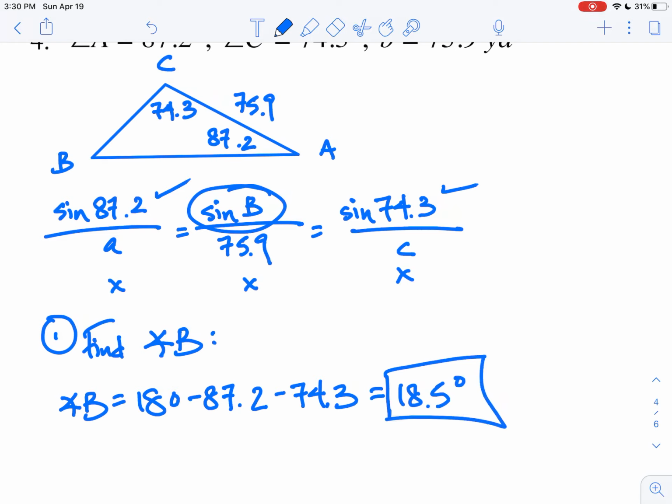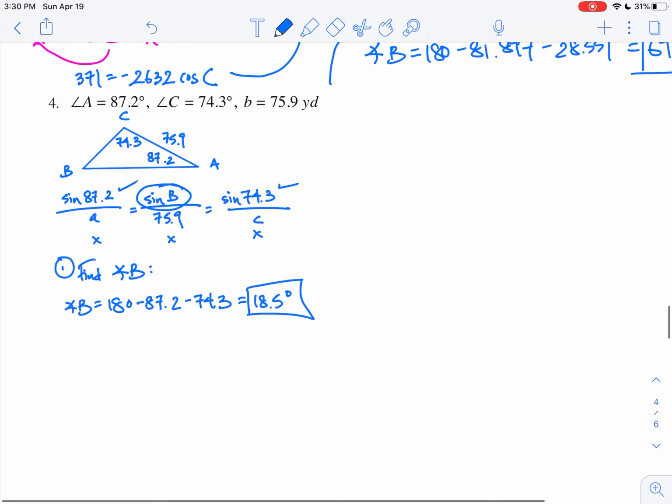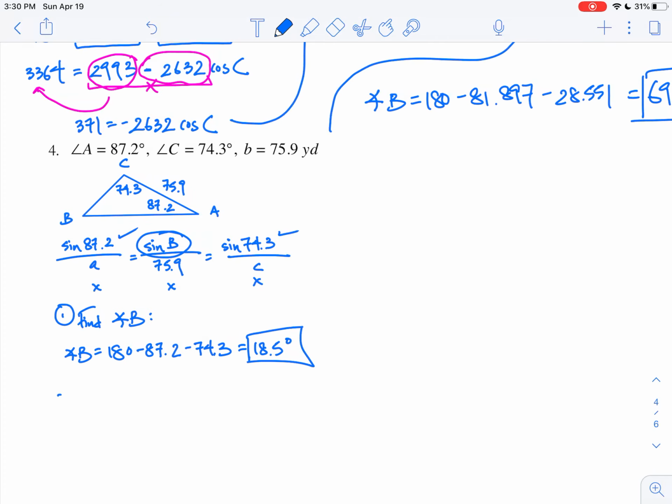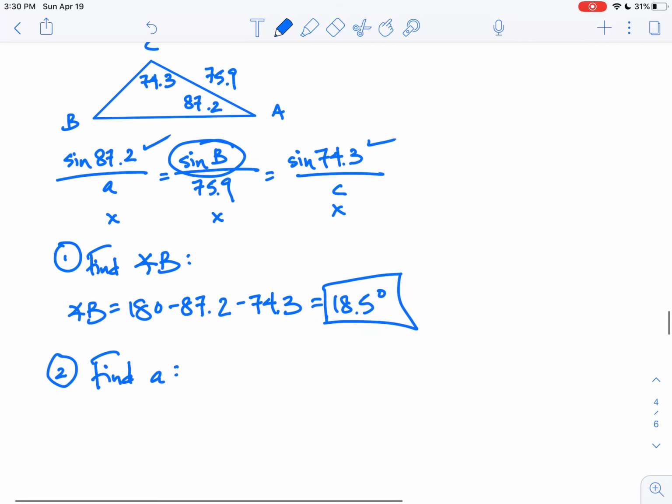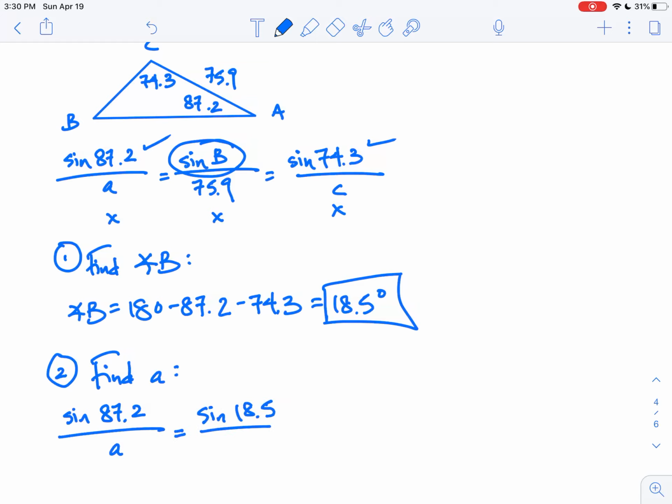All right. So now that we have angle B, we actually do have a full pair. So let's go ahead and use that to find little a and little c. So step 2, we're going to find little a. And again, I just like to do that because it's alphabetical, but that's my own quirk. You can find it in whatever order you want. So sine of 87.2 over little a equals sine of 18.5 over 75.9.